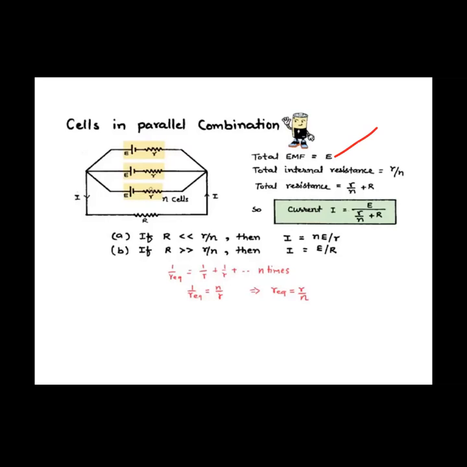Now let's talk about the total internal resistance. Here you can see all our small r's are connected in parallel. So we know the formula for parallel, that is 1 by r parallel equals 1 by r plus 1 by r, n times. If you take the LCM, the LCM is r, and in the numerator you will have 1 plus 1 plus ... plus 1, n times.